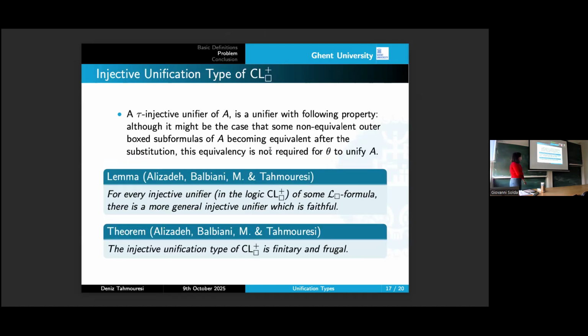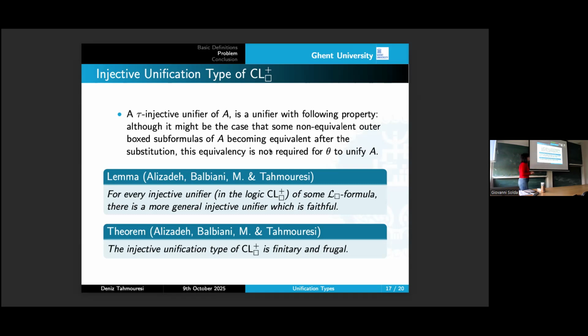And before we address the final result, we need another definition, and it's tau injectivity. Once again, I want to give you the simplified form of that, and it says that if two different box formulas are mapped to the same parameters, then it is not the case that those are important for our unification process.